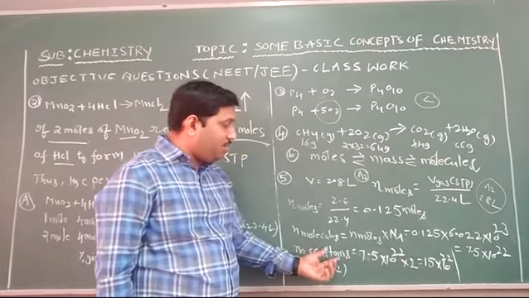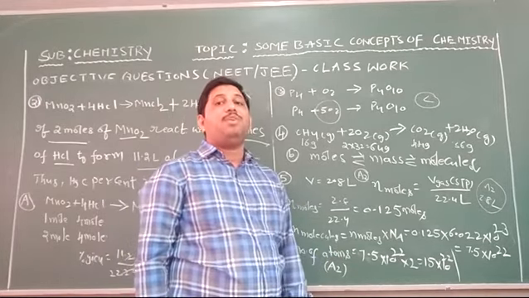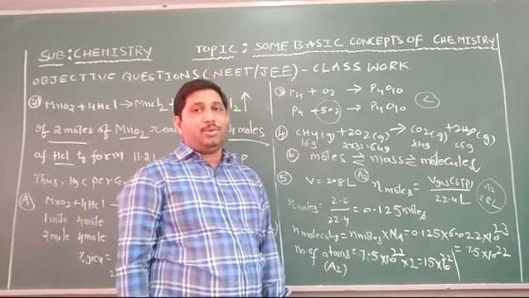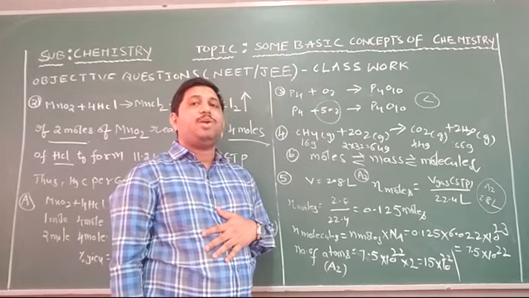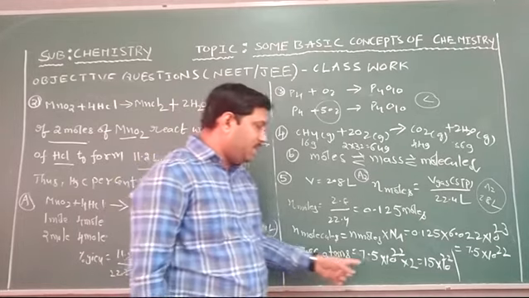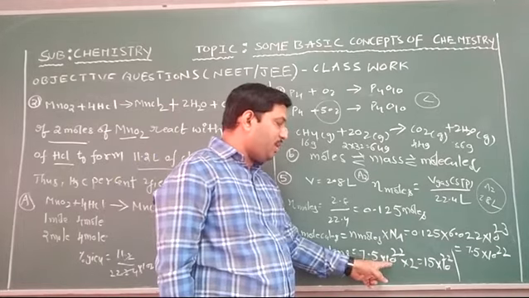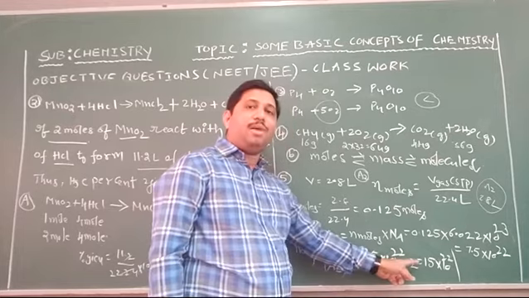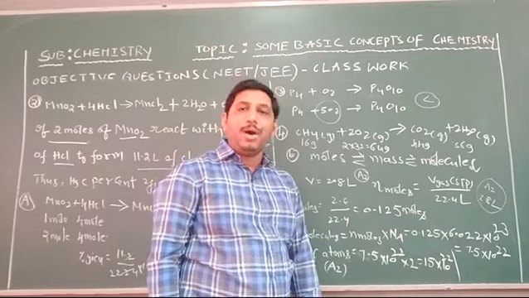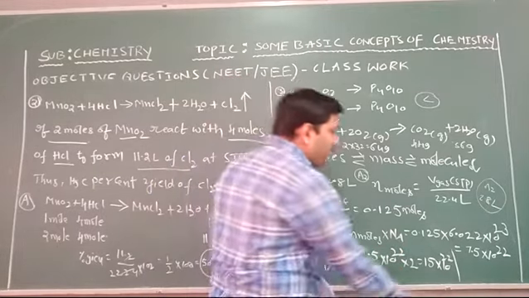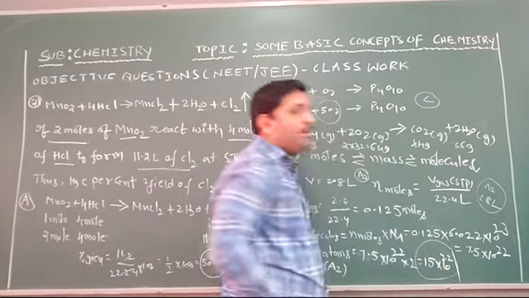The number of atoms is 7.5 into 10 to the power of 22 into 2. We know that 7.5 into 2 is equal to 15. 15 into 10 to the power of 22 atoms are present.